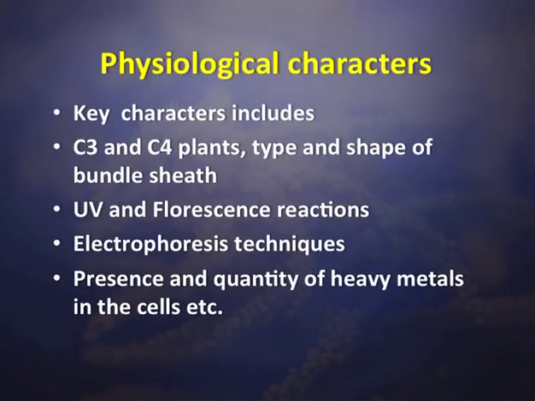Besides, you also have physiological characters like key characters C3, C4 plants, then ultraviolet fluorescence, then electrophoresis techniques, then the presence and quantity of heavy metals in the cells. For example, in the case of powder form, you can see some more physiological characters by exposing the powder or the tablet to ultraviolet light. They will look in different colors.